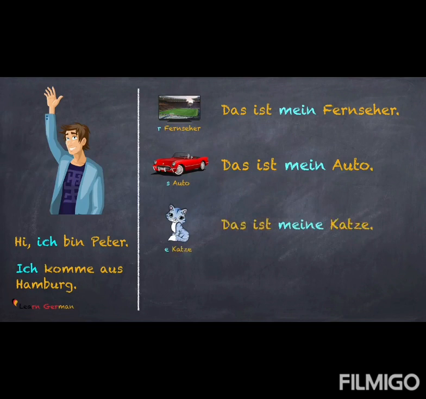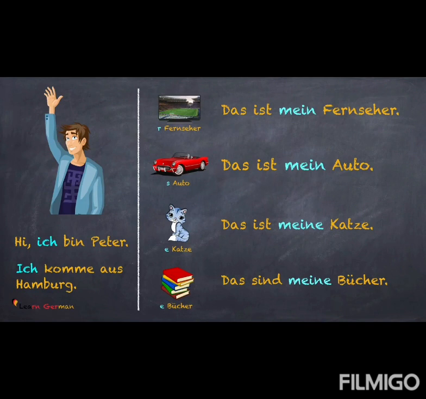Das ist meine Katze. And when the article of the noun is die, the possessive article that's used is meine. Das sind meine Bücher. In case of plural, when the article is die, the possessive pronoun that's used is meine.